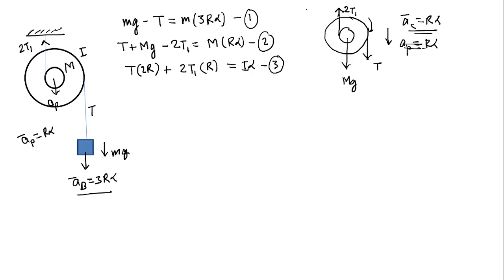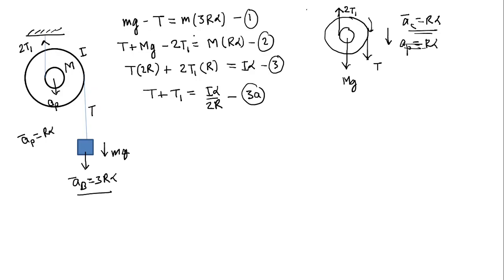So 3 can be written, if you just divide it by 2, you can write very easily T plus T1 is equal to I alpha upon 2r. Okay. Let us call it equation 3a.